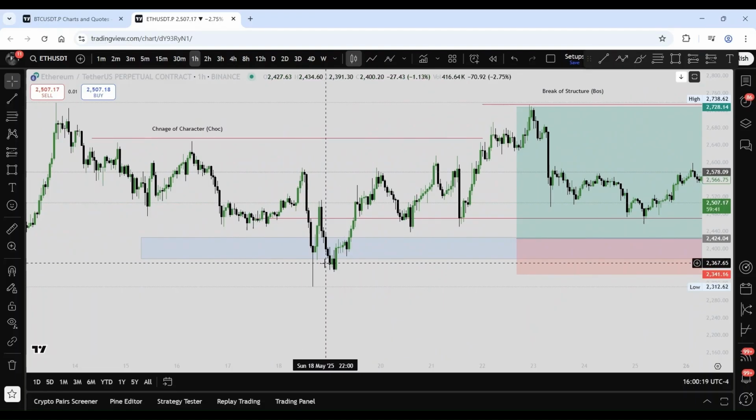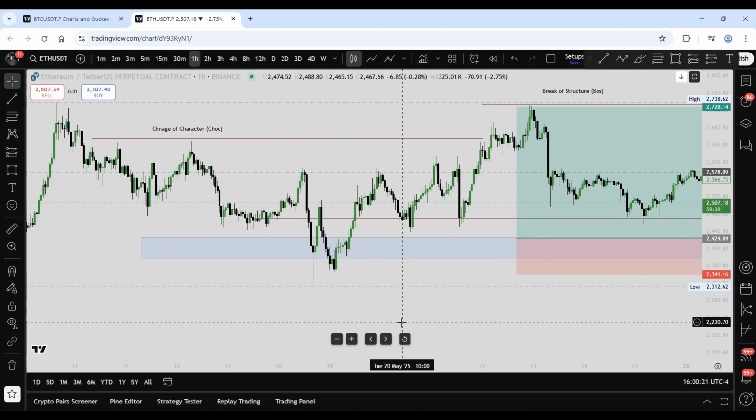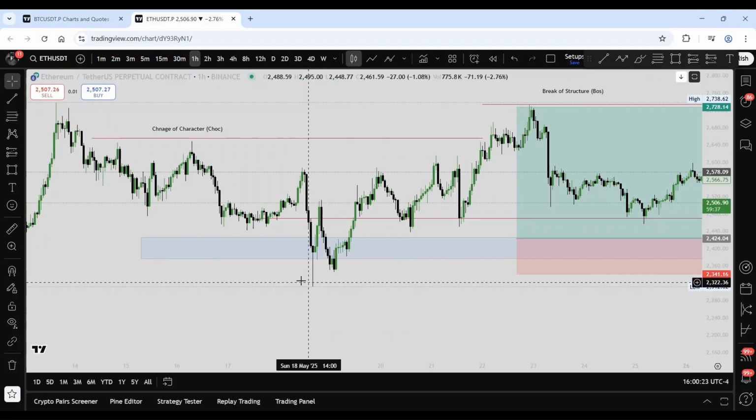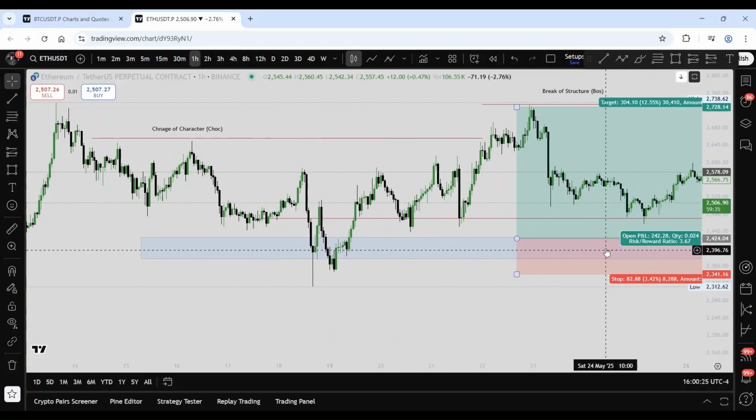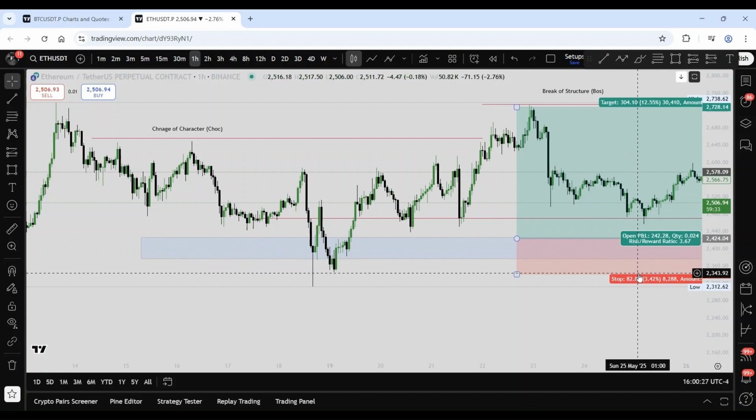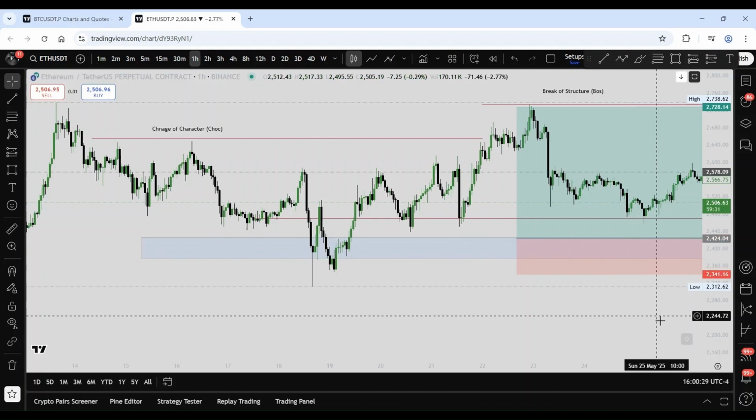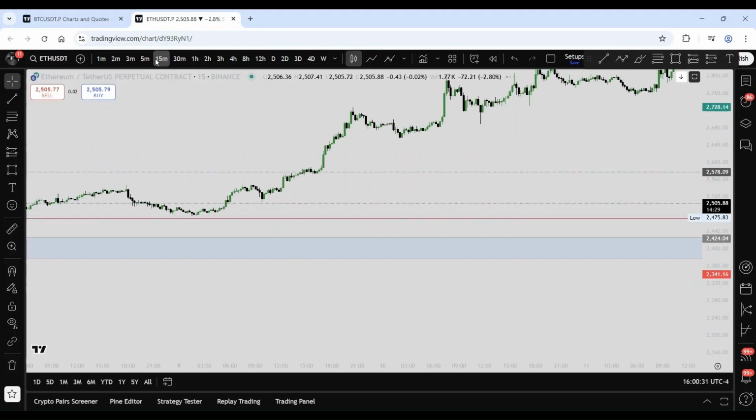So I would still not be going with the one hour time frame, because the stop loss still sits at a massive difference from our entry. We're going to be shifting to the 15-minute.